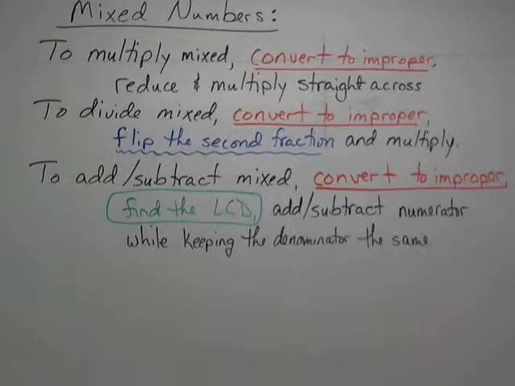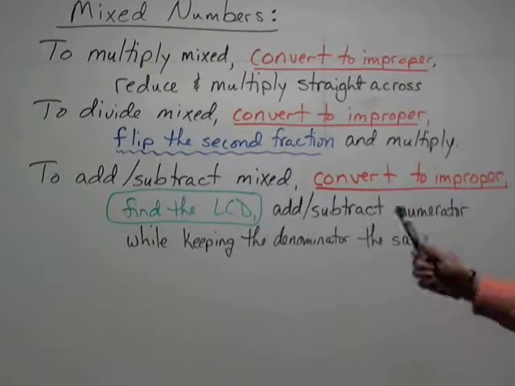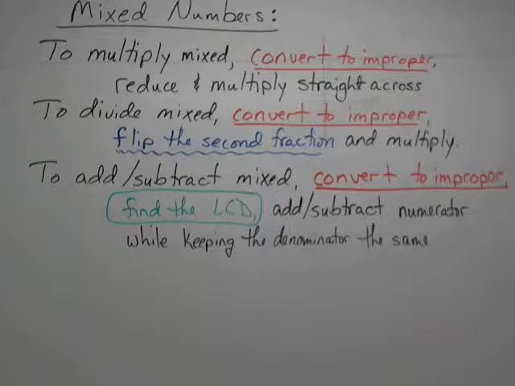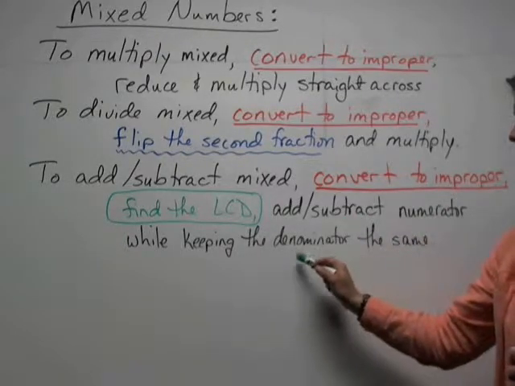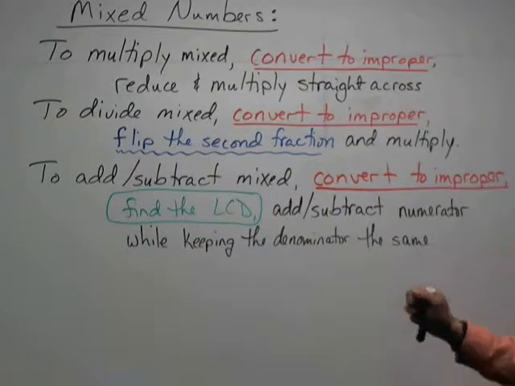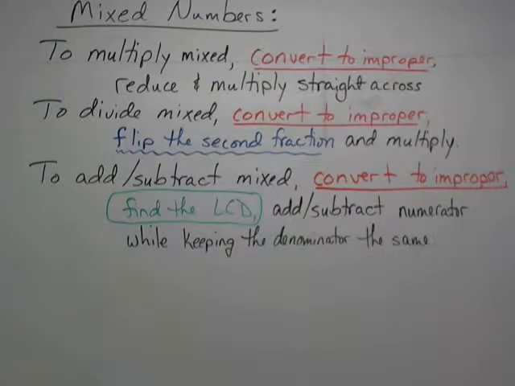What did I have to take the 4 times to get 12? That's what we multiplied by. Okay, so you have to find the LCD, multiply top and bottom to get the LCD, and then we can add or subtract the numerator, keeping the denominator the same. Once again, if we do all that work to get the denominators to match, they do not add or subtract in that last step.